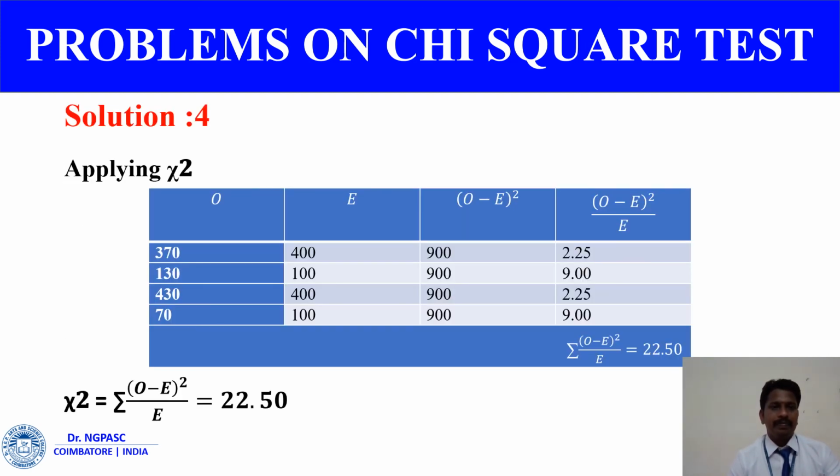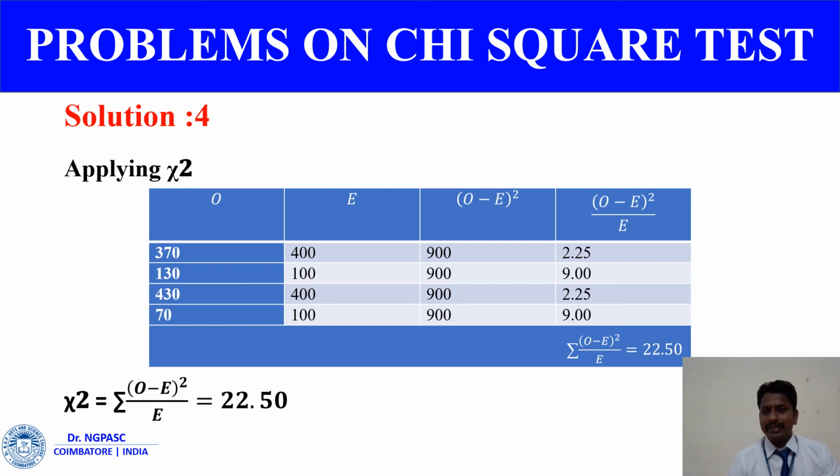Applying chi-square, observed frequency 370, 130, 430, 70. The expected frequency 400, 100, 400, 100.